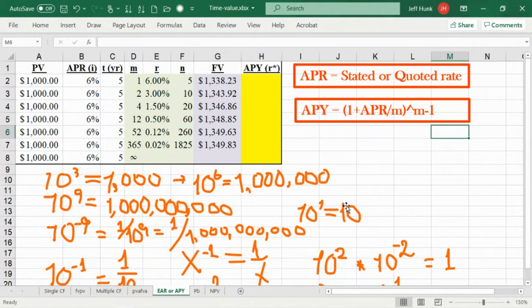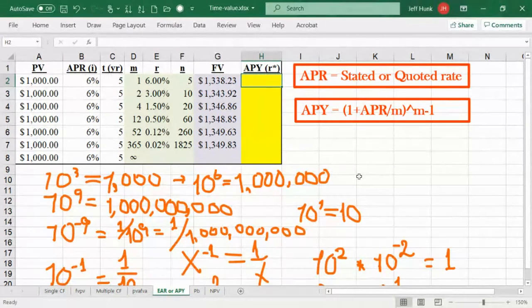So interest alone is 1,000. 11,000 is not the interest. 11,000 is the future value. That's the result of the 1 plus R. So we want to only isolate R. So you'll have to subtract 1, right?